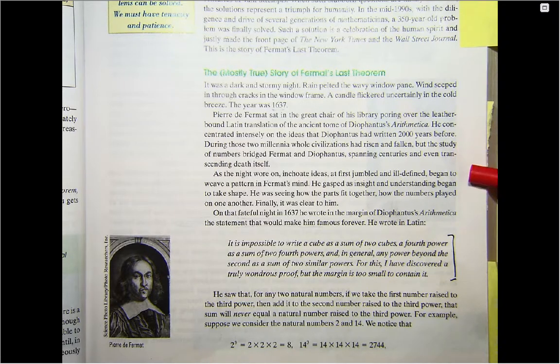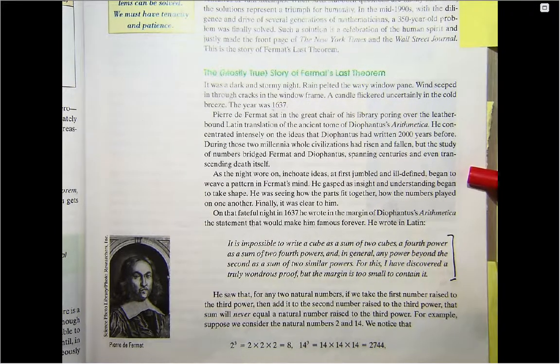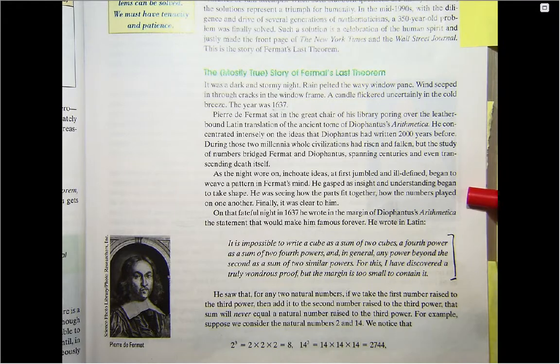As the night wore on, inchoate ideas, at first jumbled and ill-defined, began to weave a pattern in Fermat's mind. He gasped as insight and understanding began to take shape. He was seeing how the parts fit together, how the numbers played on one another. Finally, it was clear to him.